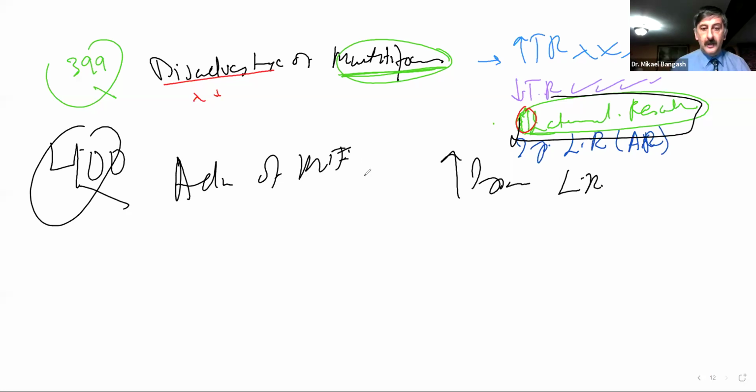The multifocal is going to degrade or reduce your temporal resolution. Clear? And that's why it's option B, where it says a decreased temporal resolution.